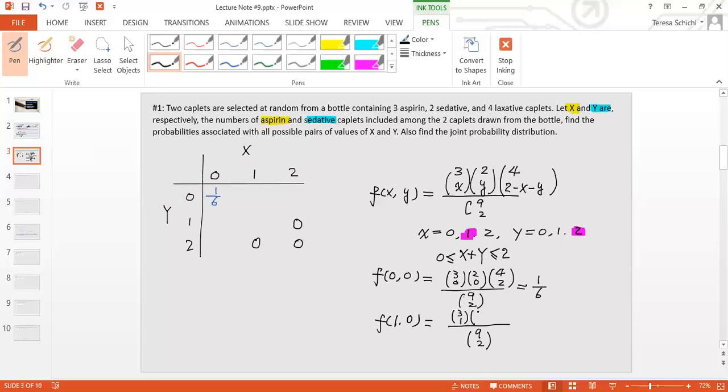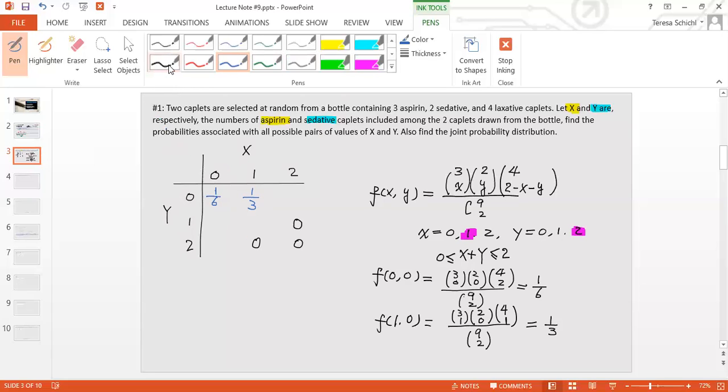How many sedative you have is 2 choose 0. Correct? Now how many laxative you have? You have to have 1, so the laxative is 4 choose 1. If you put it into your calculator, you will get 1/3 here. Okay, so this is 1/3. Very good.